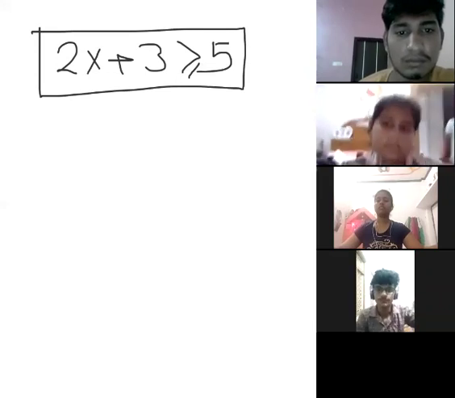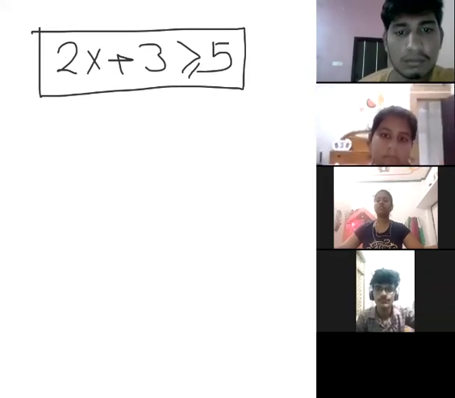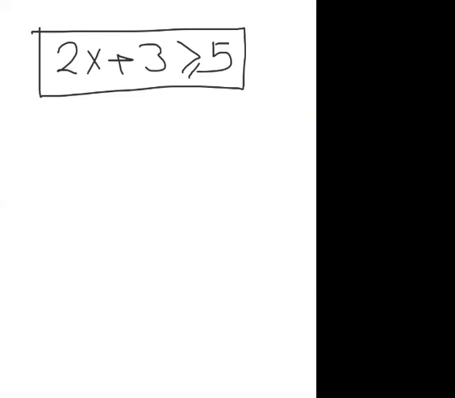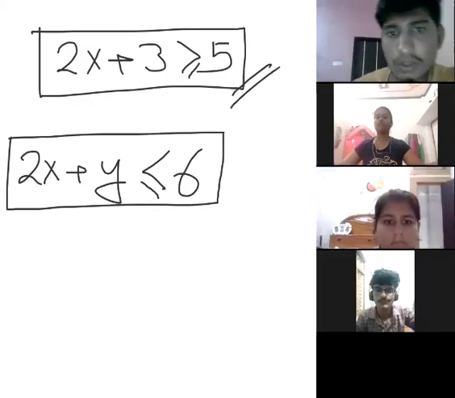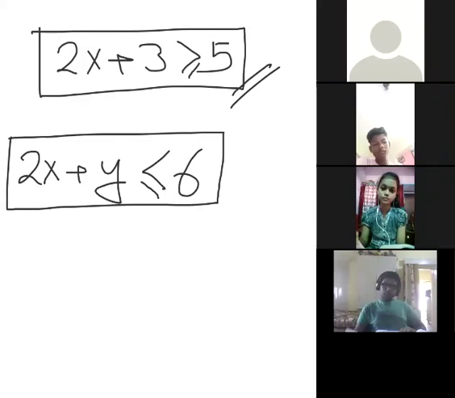Now we are going for the 2 variable inequality. For 2 variables, try to understand the condition: 2x plus y is less than or equal to 6. This is a linear inequality in 2 variables. This was a linear inequality in one variable.